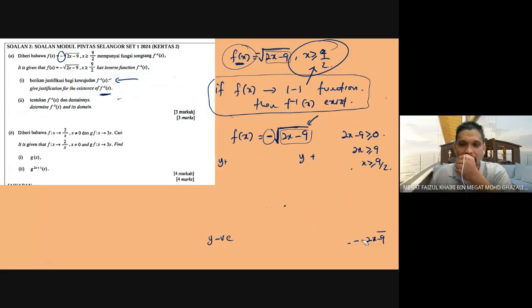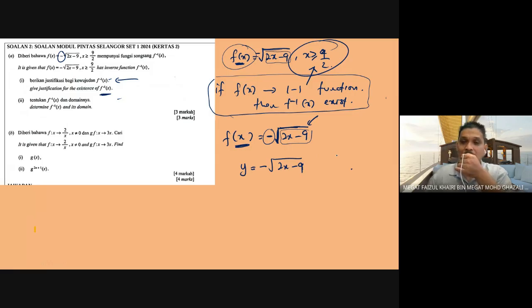So now let's get back to the question. For f(x) to have an inverse, f(x) must be a one-to-one function. So to find the inverse, make f(x) into y equal negative square root of 2x minus 9.